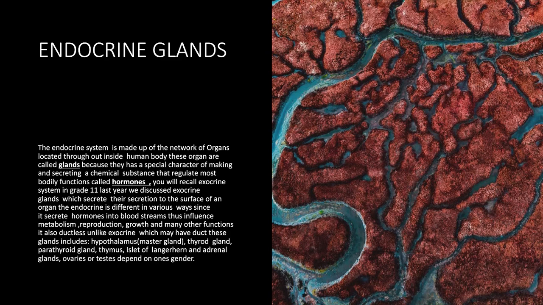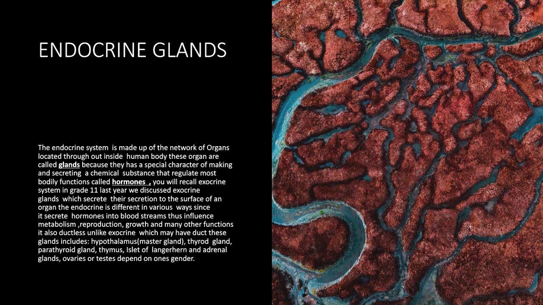You will recall the exocrine system from grade 11 last year. We discussed exocrine glands, which secrete their secretion to the surface of an organ. The endocrine system is different in various ways since it secretes hormones directly into the bloodstream, thus influencing metabolism, reproduction, growth, and many other functions. It's also ductless, unlike exocrine glands, which may have ducts.